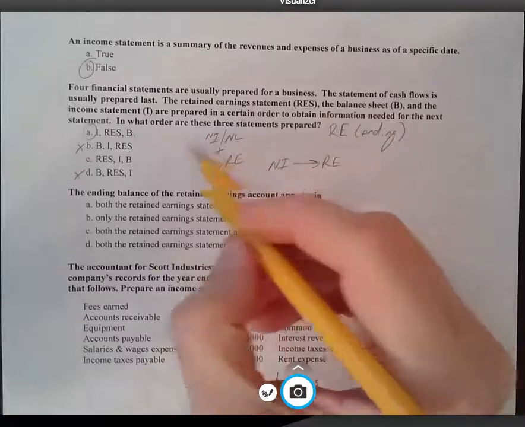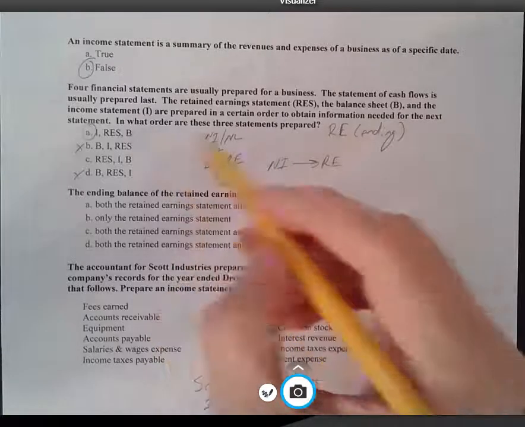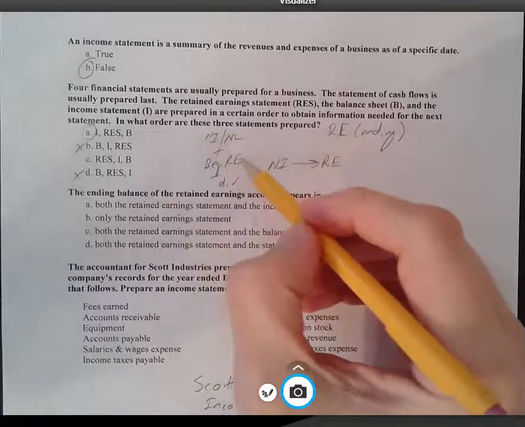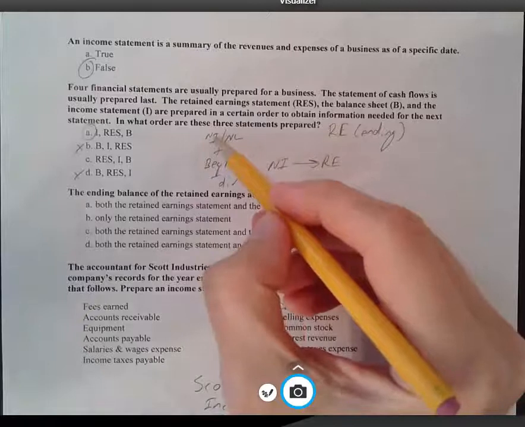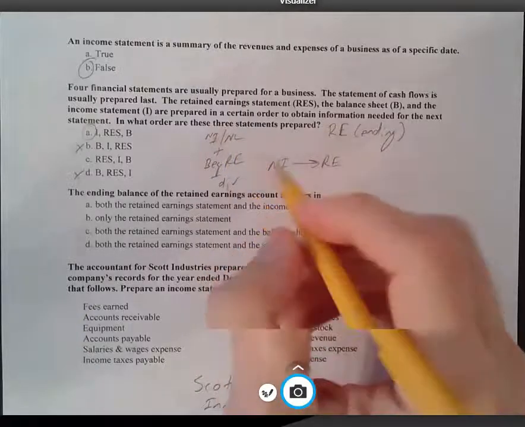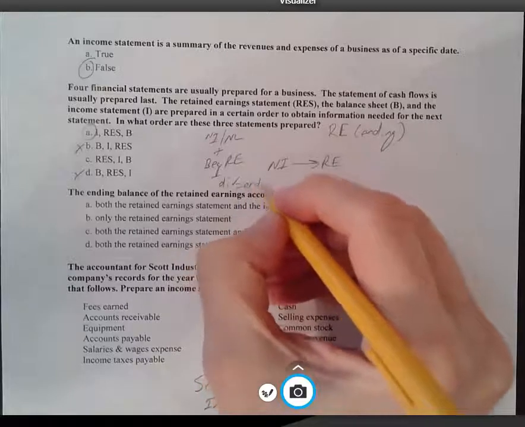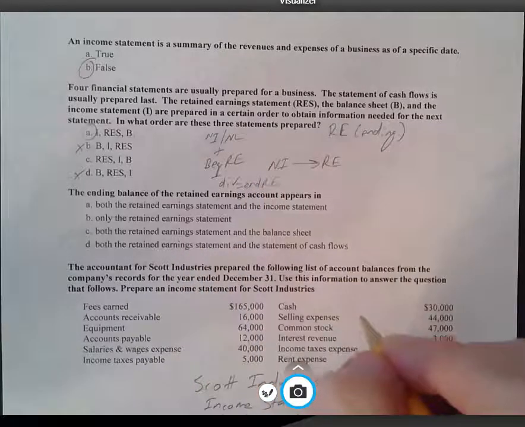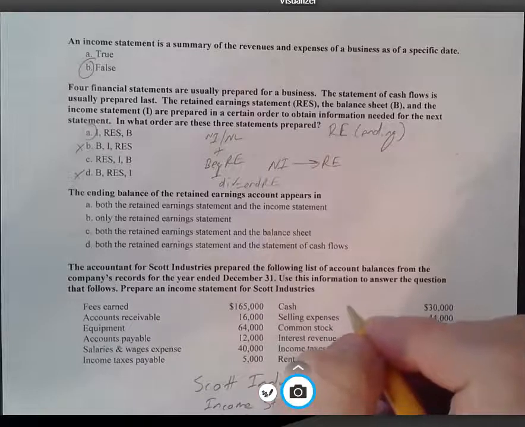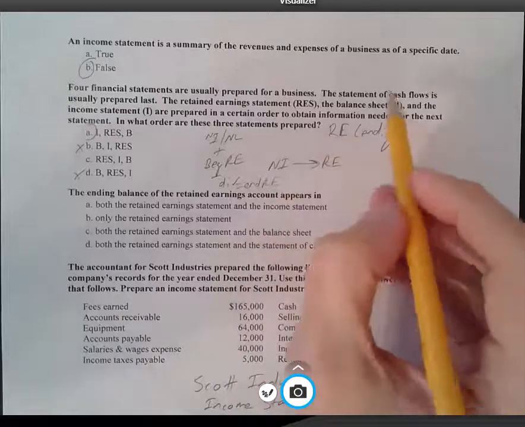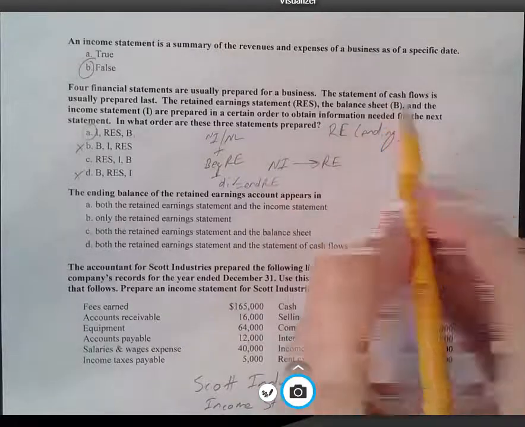So our retained earnings statement is beginning retained earnings plus net income for the period minus dividends, and that's going to equal ending retained earnings. Then we simply transfer ending retained earnings over to the balance sheet. So A is our correct answer.